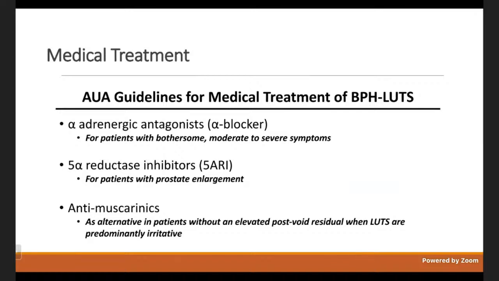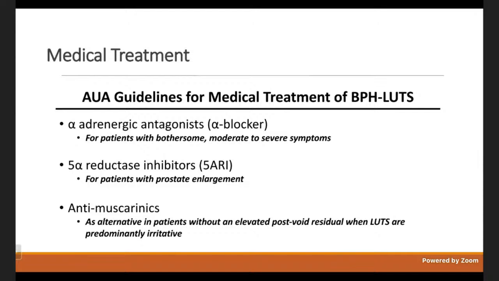Going on to the medical therapy, the first line of treatment in patients with BPH is the alpha blocker. As we discussed in the pathophysiology, one of the changes which happens whenever there is prostatic enlargement is an increase in the alpha receptors in the bladder wall as well as in the bladder neck area and the prostatic tissue.